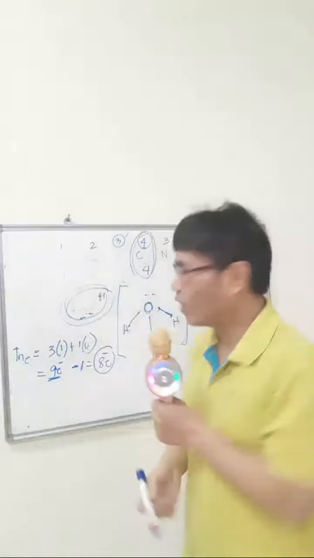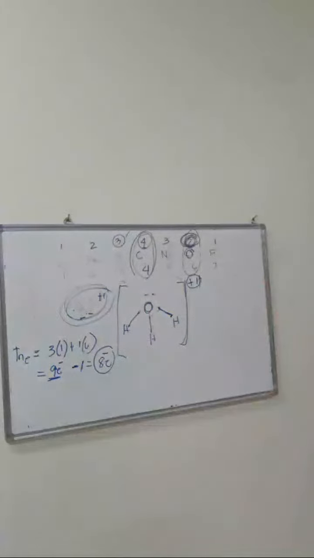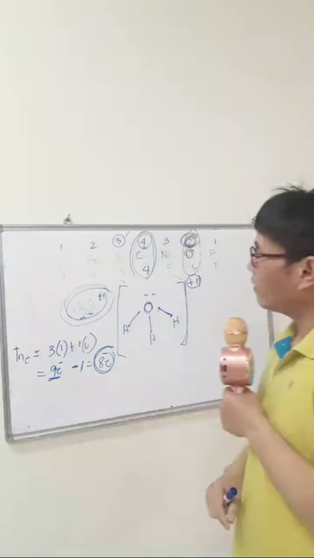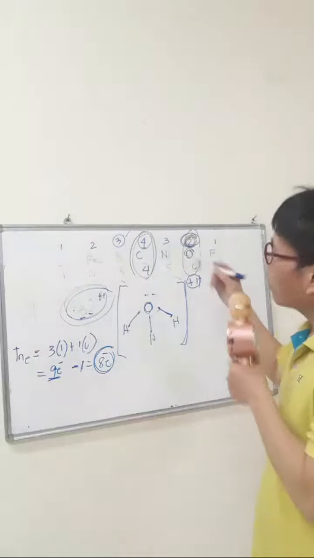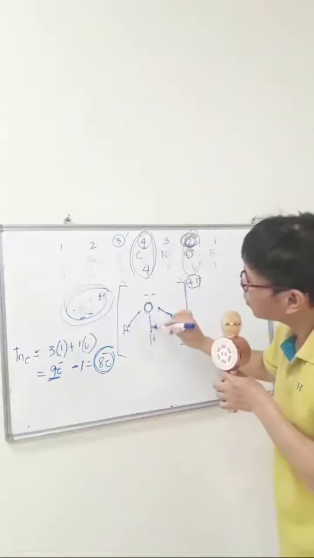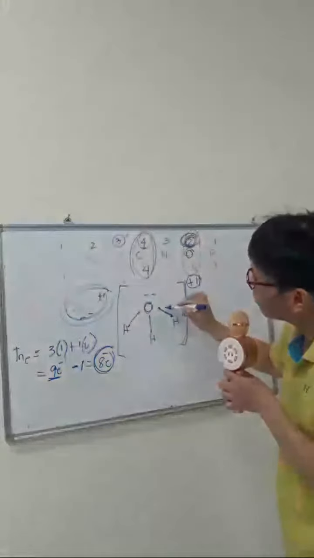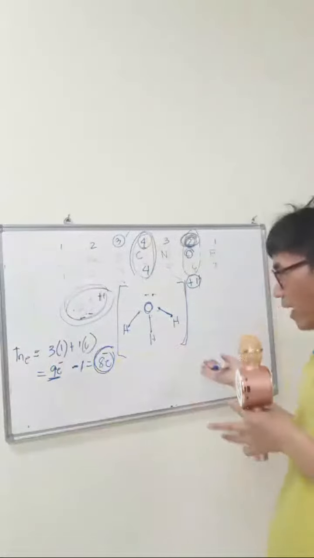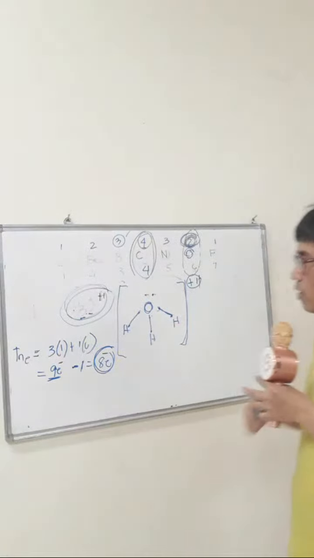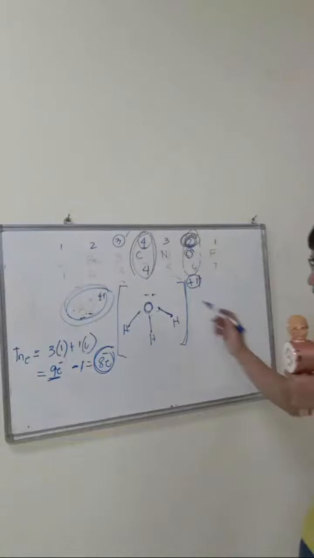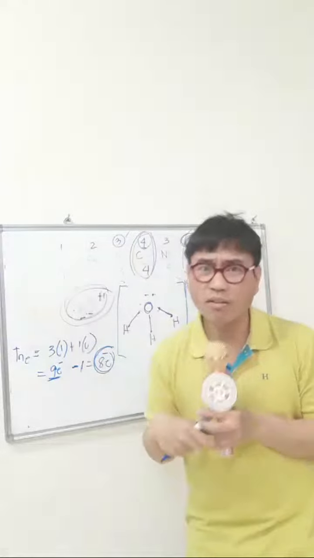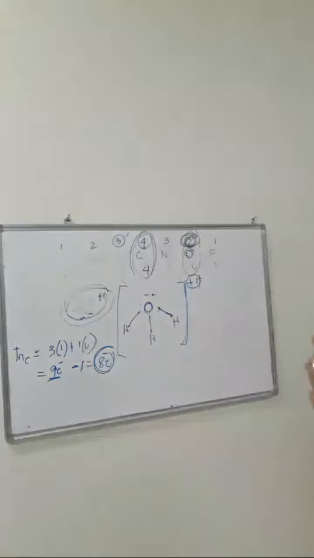Now, let's verify that there are 8 electrons here: 1, 2, 3, 4, 5, 6, 7, 8. So there are a total of 8 electrons. Perfect, it obeys the octet rule. If we still had another one here, it would become 9 electrons and it wouldn't follow the rule. Get the point?